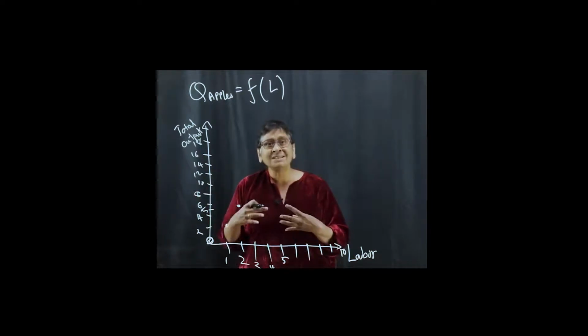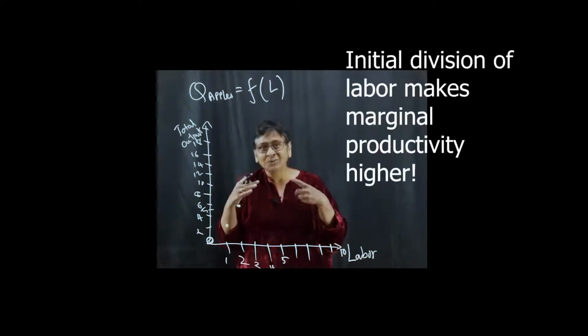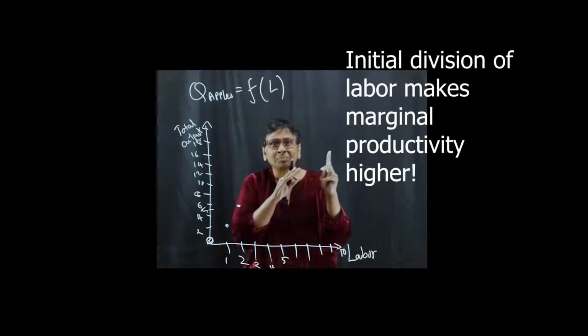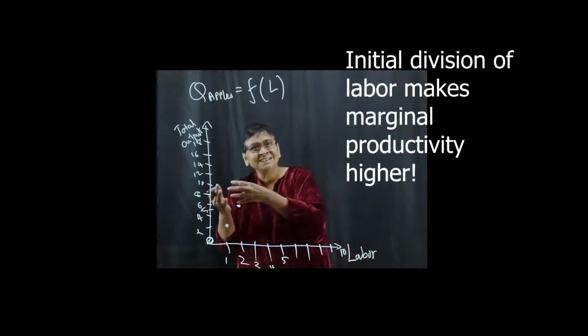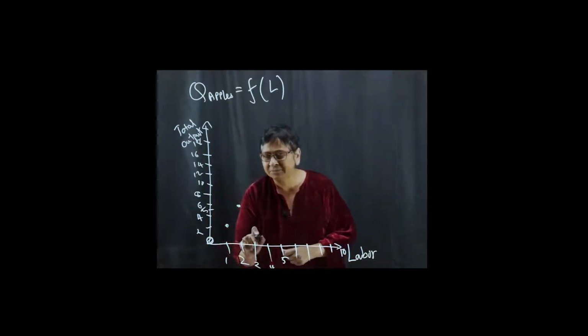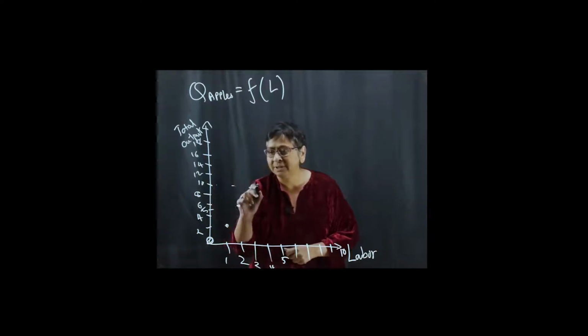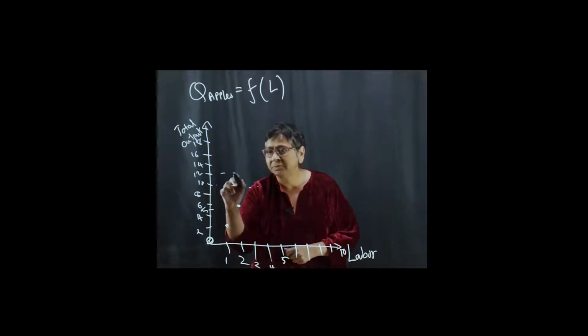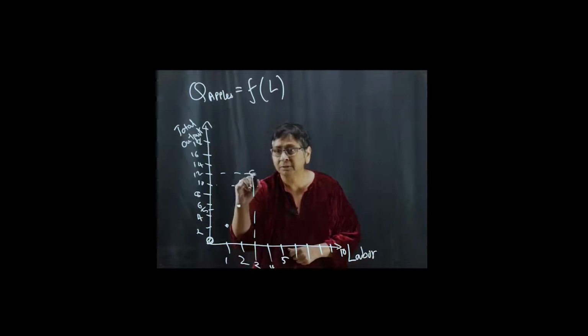So what that means is initially, each extra worker is actually adding more apples. The marginal productivity is actually higher in the initial stages. So if we went to 6, let's say we even went with the third apple, we went to 12 with the third worker, all right?